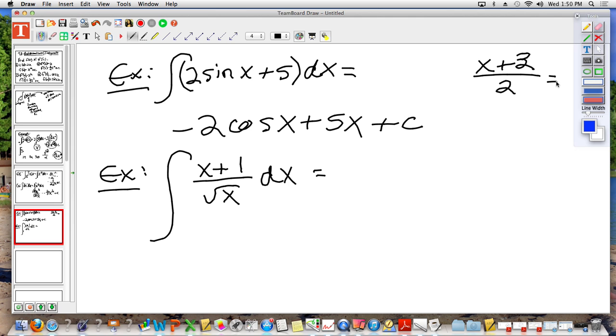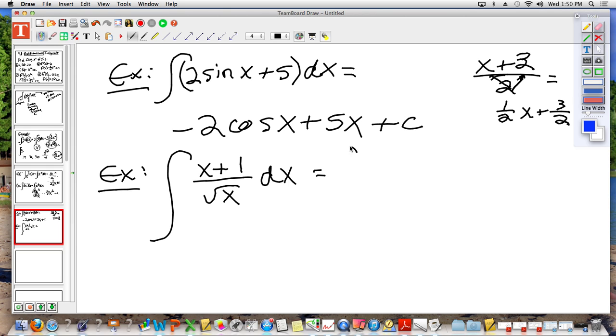I said that was the same thing as a half of x plus 3 over 2. In other words, I took this 2 and divided it into both terms, stuff that you've been doing for years and years. Do the same thing here. Take the square root of x and divide it into both the x and the 1 and do a rewrite.